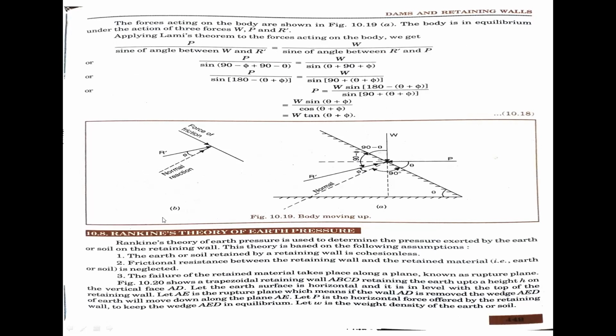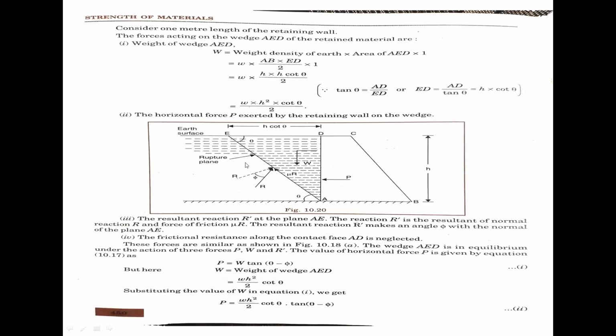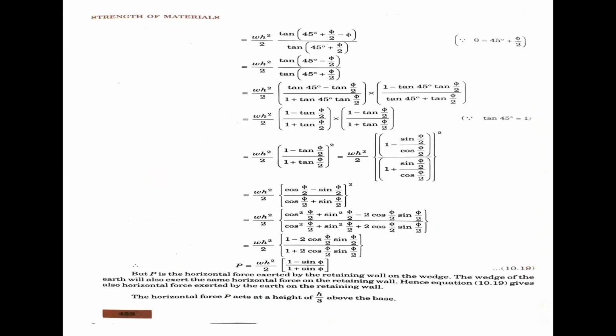Okay, using Rankine's theory, you have the three points. Now see the diagram for this retaining wall. You have to derive the equation for retaining walls using this diagram, analyzing it.